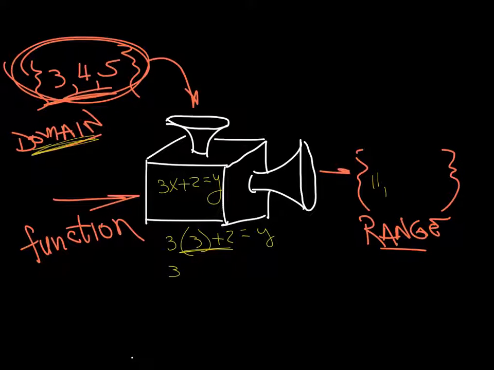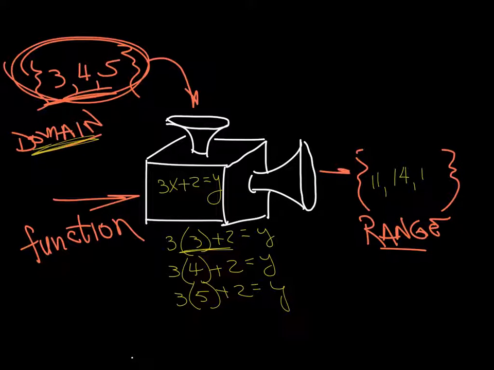When I put 4 in, I get 12 plus 2, I get 14. When I put 5 in, I get 17. Alright, so notice how my range changed. My range depends on what my domain is and on what my function is.